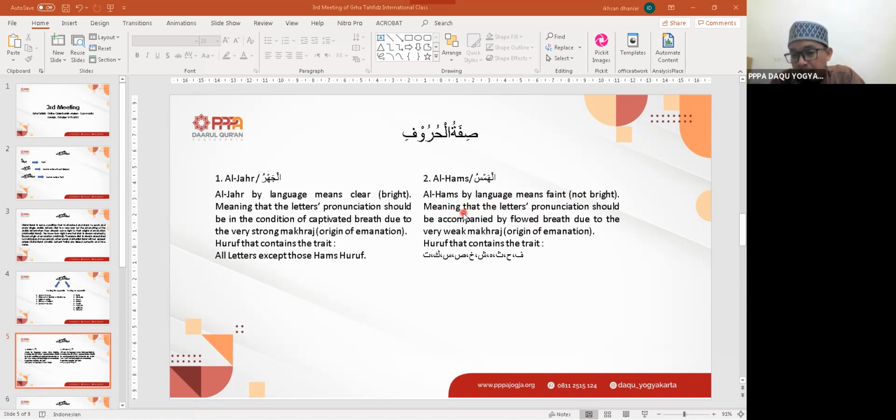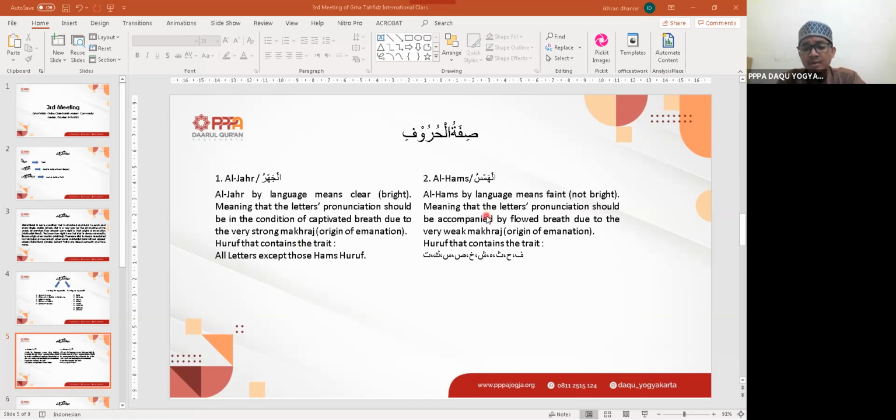So it basically means that the letter's pronunciation should be accompanied by flowing breath, due to the very weak makhraj, or origin of emanation. In al-jahr we find that it has a very strong makhraj, so as we pronounce the huruf, our breath is captivated.